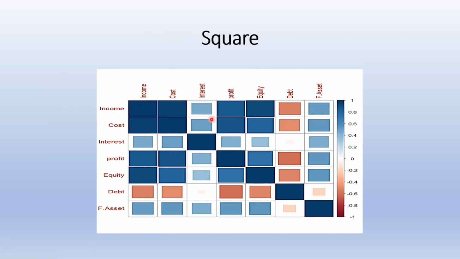Here you can see the correlation coefficient is moderate because the color is light blue and the square is very small as compared to these other squares. So the size of the square is small and the color is light blue. So we can interpret this as the correlation coefficient being in this range, nearly 0.50.